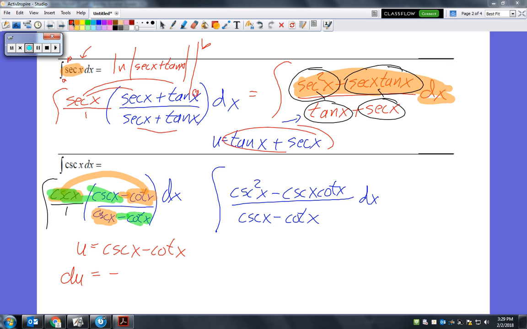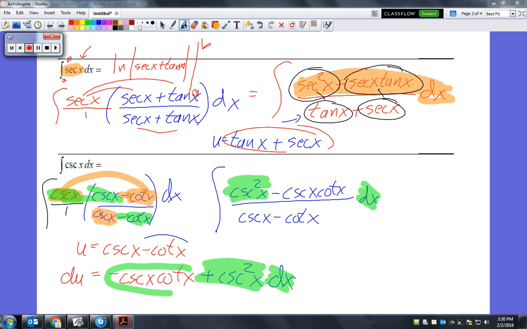Du is negative cosecant x cotangent x, and then now we got to worry about this, which is minus a negative cosecant squared x, and dx. And this is what you see. You don't see it necessarily in the same order, but there's my positive, and there's the dx, and all of this is right here. So our rewrite does become 1 over u du without having to worry about weird negatives, okay?